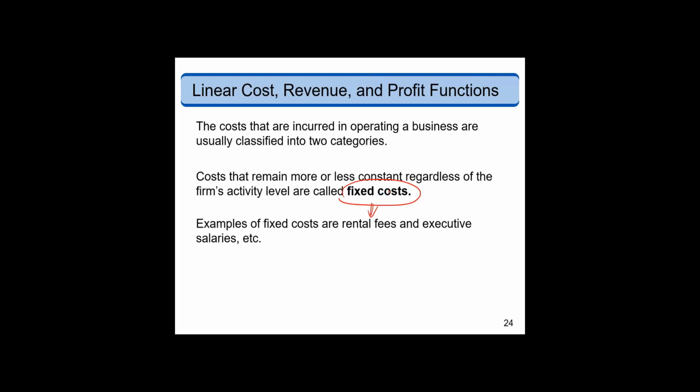Also, let's say you hire a production manager to supervise the production process, and that manager's salary is also a fixed cost. It remains constant month over month. Those are examples of fixed costs.